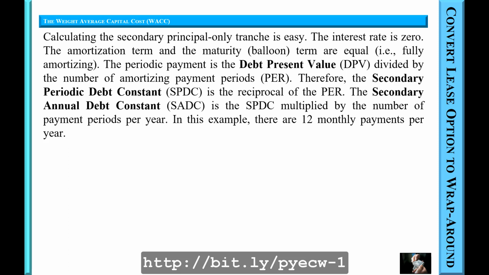Therefore, the secondary periodic debt constant is the reciprocal of the payment periods. The secondary annual debt constant is the secondary periodic debt constant multiplied by the number of payment periods per year. In this example, there are 12 monthly payments per year.